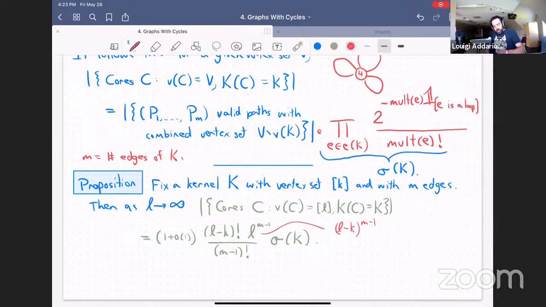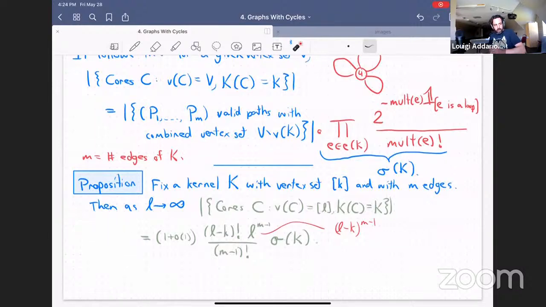So the numerator looks like: order the vertices of C which are not vertices of K, split them at m minus 1 locations to form m pieces, and then assign those pieces to the various edges of the kernel. Except that once I have the pieces, if I permute the pieces and permute the assignment as well, then there's some symmetry factor from that, and that corresponds to this (m minus 1) factorial here.